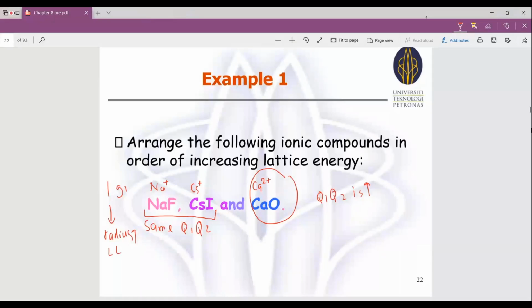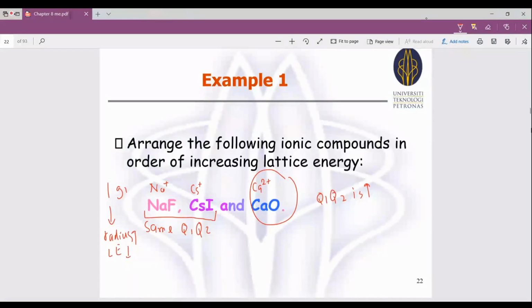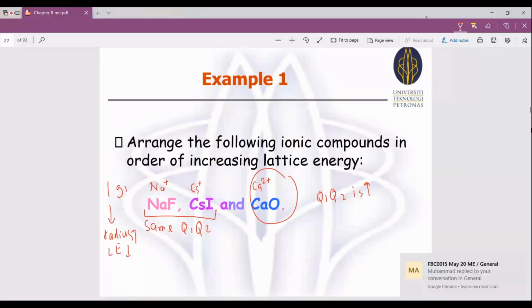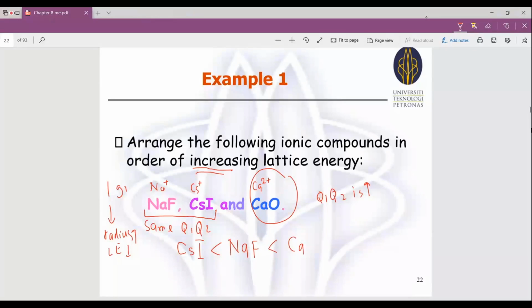What happened to lattice energy? Decreasing. So which one first, Na or Cs? Increasing means lower first. Cs has lower lattice energy, so Cs first, then followed by Na, and followed by CaO.